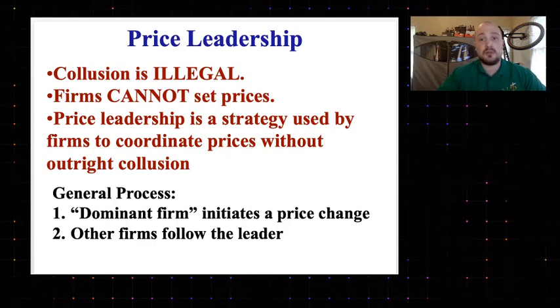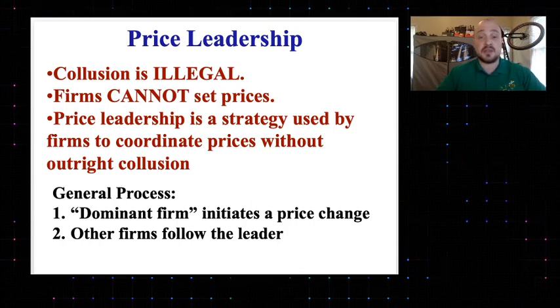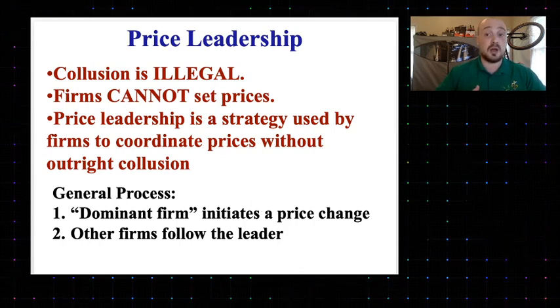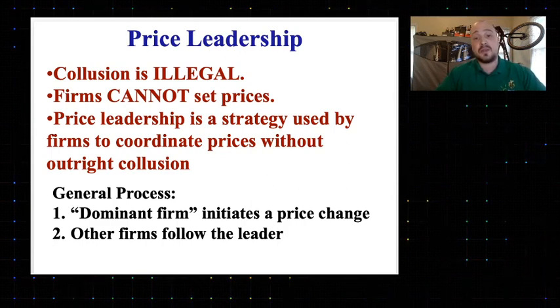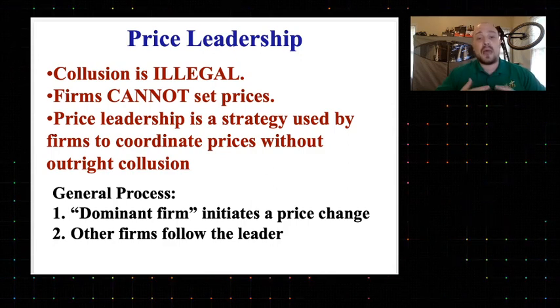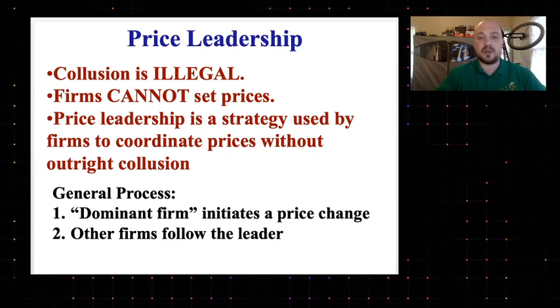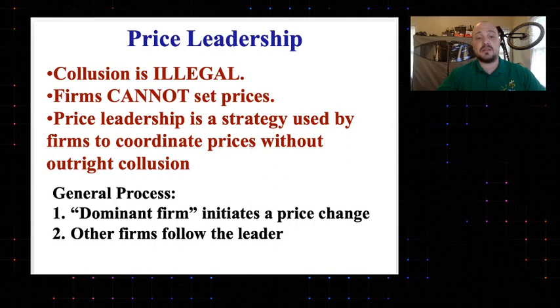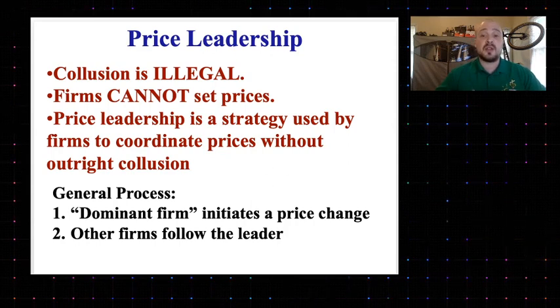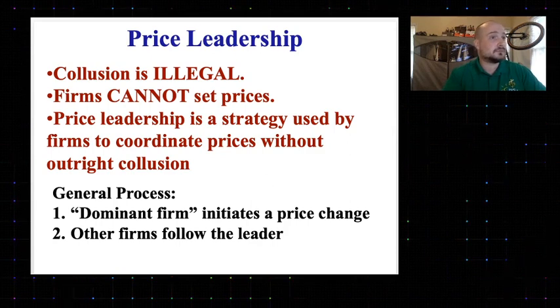So instead, when one business raises its price, sometimes the other business will follow along, or when one business lowers its price, the other is forced to lower its price. How do we decide who goes first? Generally speaking, the dominant firm, the bigger firm, will initiate the price change, and the other firms follow the leader because they have to.